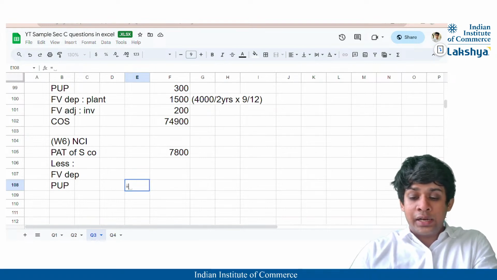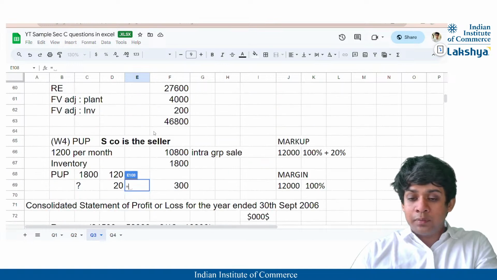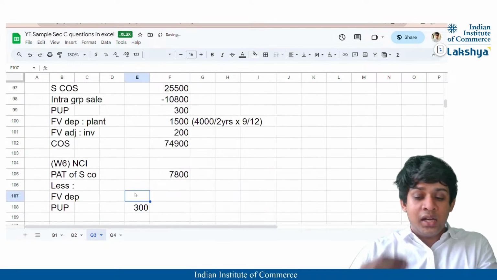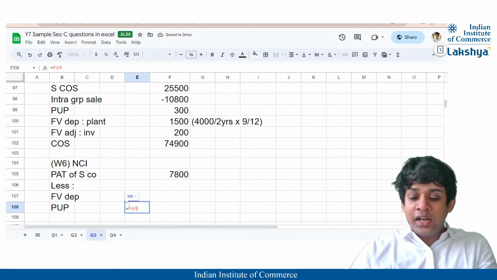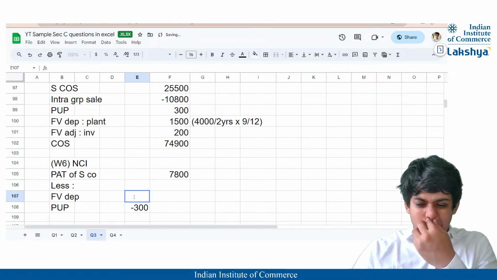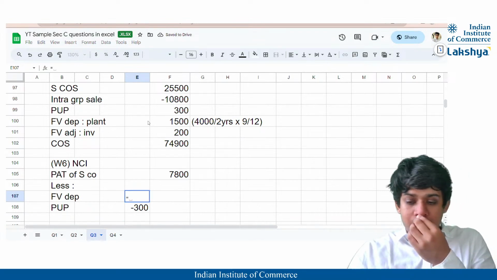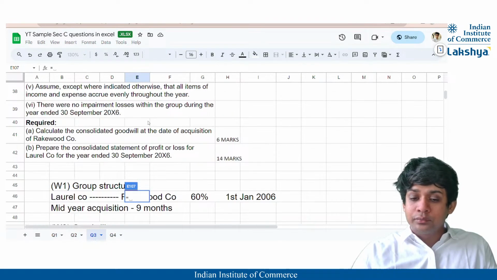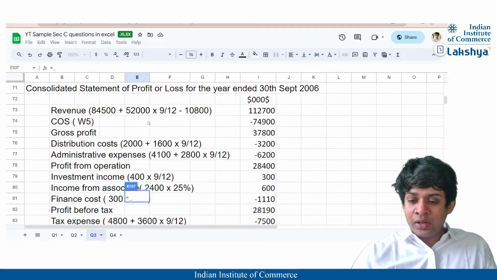I'll just put an equal to sign and take the value directly from that column. So the PUP is 300, right? It will be a negative sign because it is reducing my profit. The fair value depreciation is also how much, guys? Of the plant, huh? We had calculated it somewhere, right?